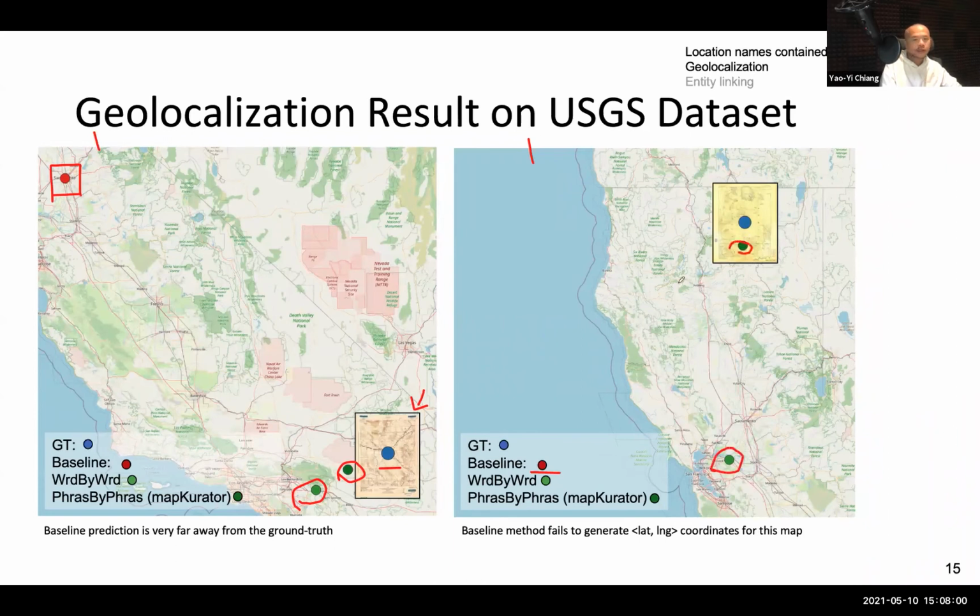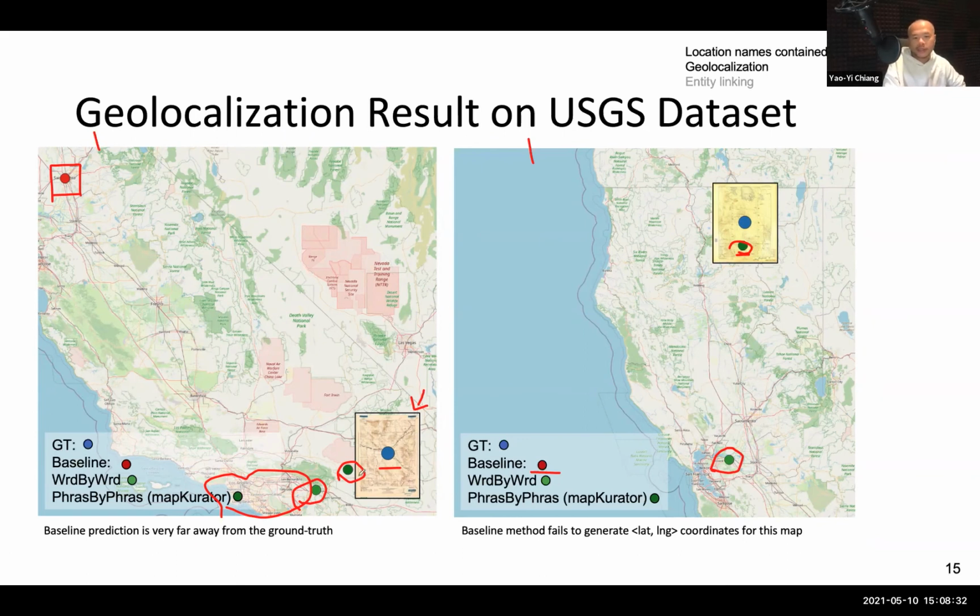So I want to say this is very important. If you don't know, this area is Los Angeles, so this gives you the scale of the map. It's important that the identified geolocalization result, although not perfect, should be within the map region. The goal is that we automatically guess an approximate location of the map, and the user will be able to move the map around that area to find the precise location, right?